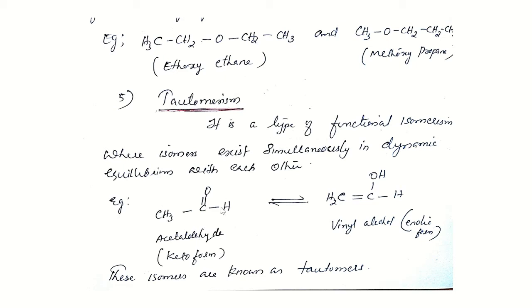Here you can see this keto form, CO group, and alcoholic group or enolic group. So both of these isomers are simultaneously in equilibrium. That's why sometimes we refer to it as keto-enol tautomerism. And these isomers are known as tautomers.